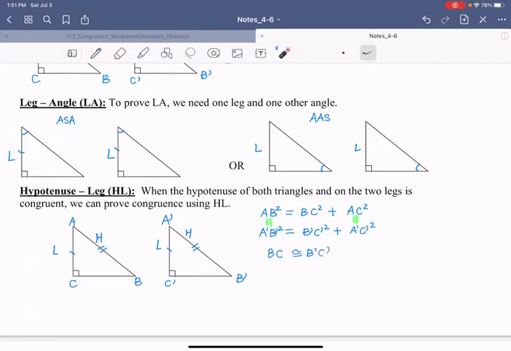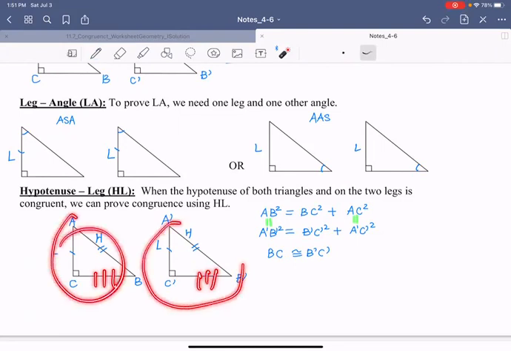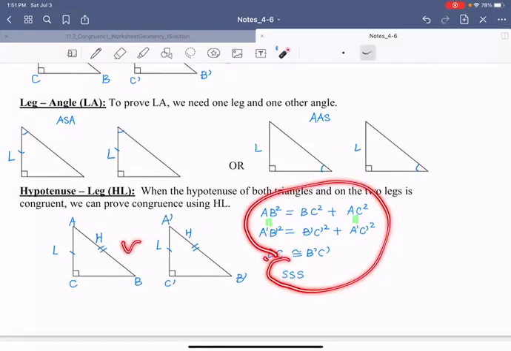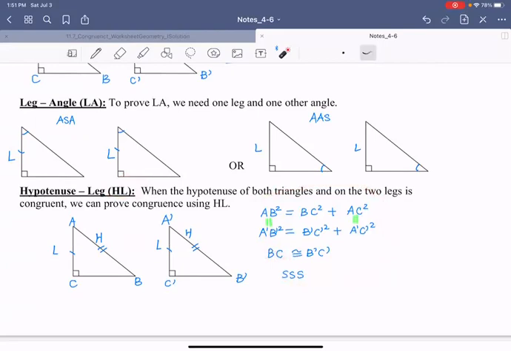Now we prove this piece also congruent. Then we use what? Side. Yes, and then we use SSS to prove these two triangles are congruent. After we use this to prove that the two are congruent, we can also say HL also works, okay?